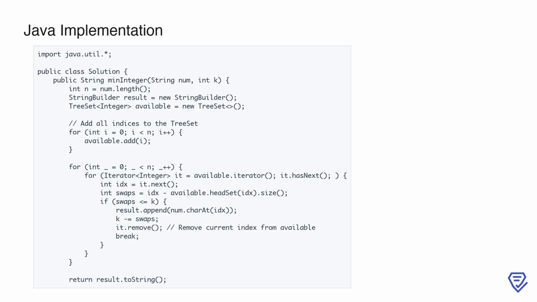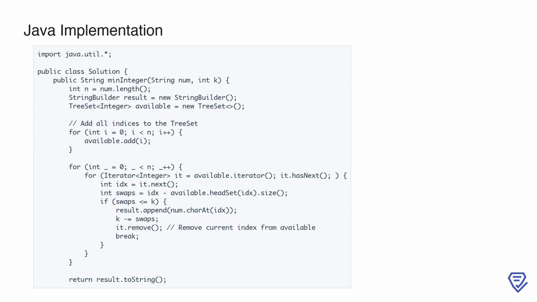Then, we move into the main logic, where we iterate n times to build the result string digit by digit. Inside this loop, we use an iterator to traverse through the indices in available. For each index, we calculate the number of swaps required to bring the digit at that index to the current position in the result. This calculation is done by subtracting the size of the headSet, a subset of indices smaller than the current index, from the index itself.